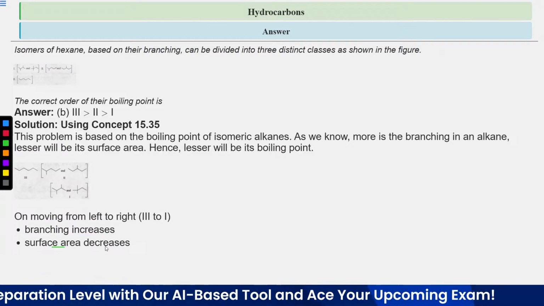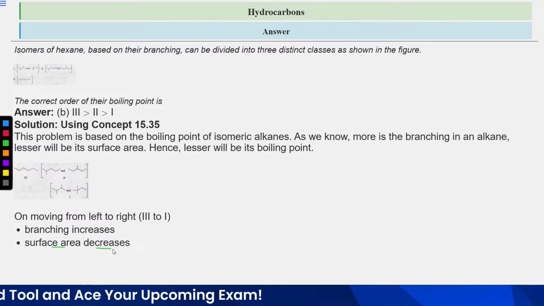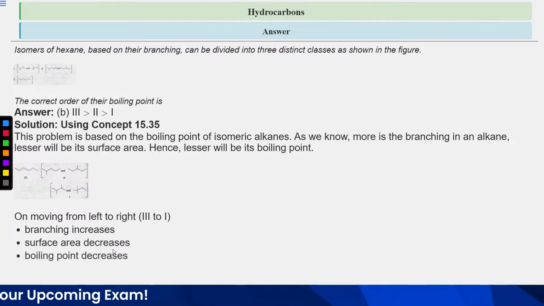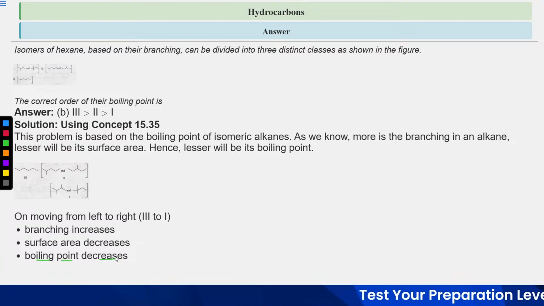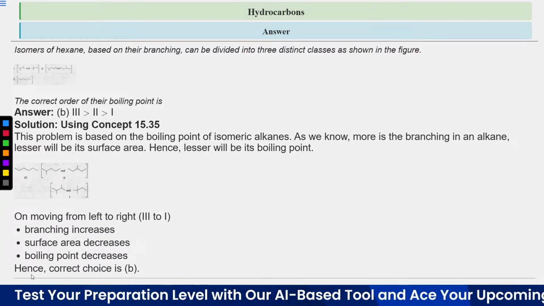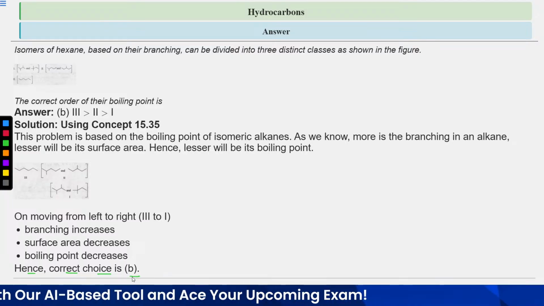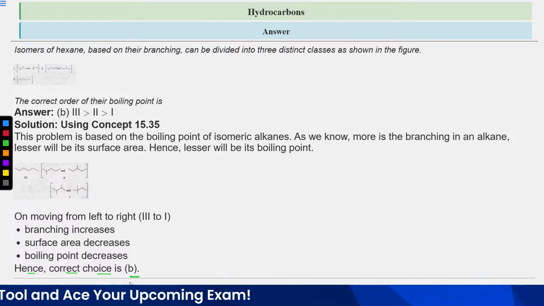As the branching increases, the surface area decreases, and as the surface area decreases, the boiling point will also decrease. Hence, the correct order is in option B, and thus our correct answer is option B. Let's move on to the next one.